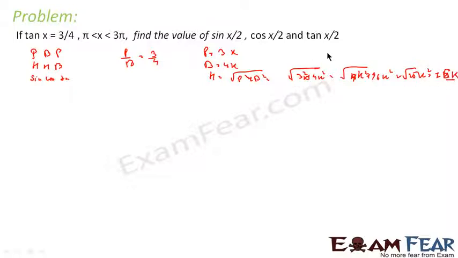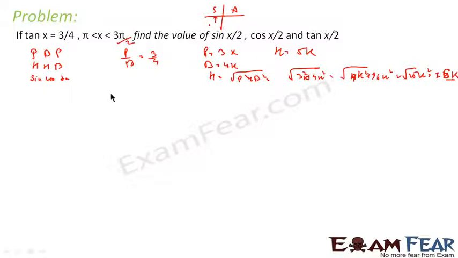So we'll say h is equal to 5k. Now we have tan x is equal to 3 by 4 and x is in between pi and 3 pi by 2. So x is in the third quadrant. Only tan will be positive, sine and cos will be negative.